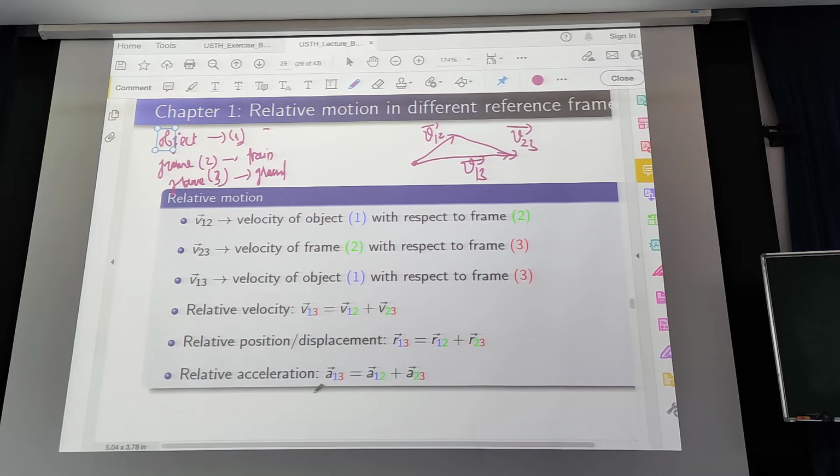Exactly the same. And also for relative acceleration, we have the same rule of adding vectors as I showed for the velocity. Is it clear?